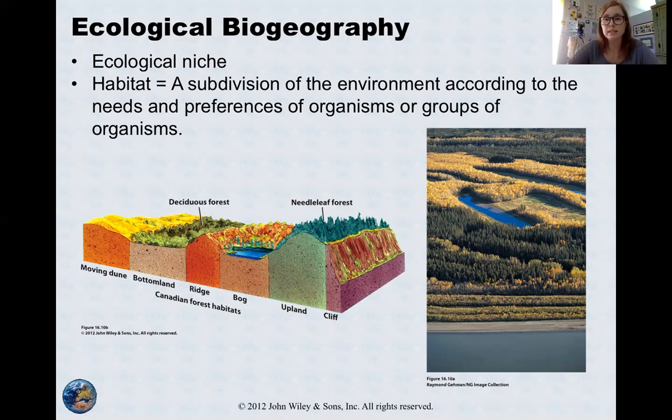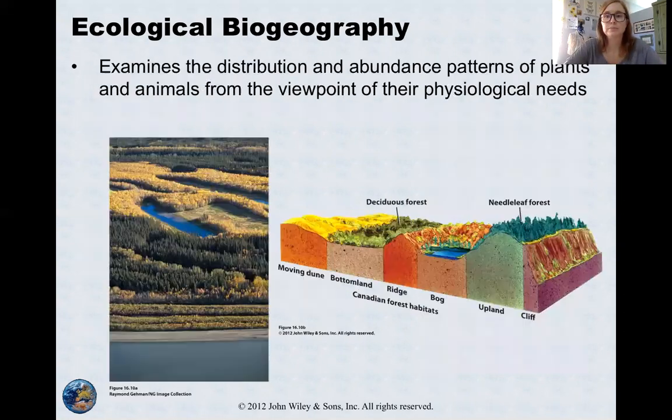A habitat is a subdivision of the ecosystem that you're in. So you're in a biome, and then you're in an ecosystem, and then you have your habitat in that ecosystem. That is the specific place that you live in your ecosystem. When we look at biogeography, we're examining animals and plants and how they've adapted to different parts of the world.